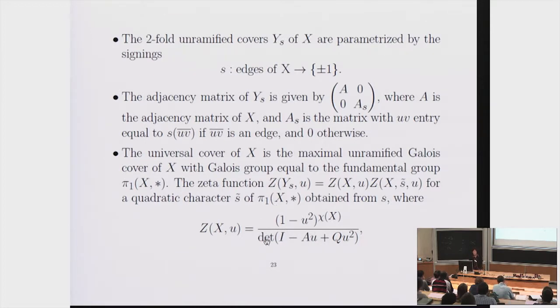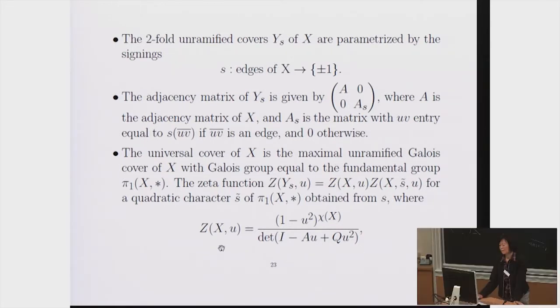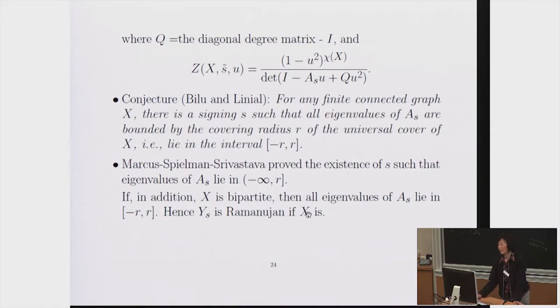In this case, X can be any graph. I talked about the zeta function for the regular graph; for any graph, it has exactly the same shape. The only difference is that for the d-regular graph, I put a d-1 times u squared identity matrix. Now this is another diagonal matrix Q, which is the diagonal degree matrix minus identity.